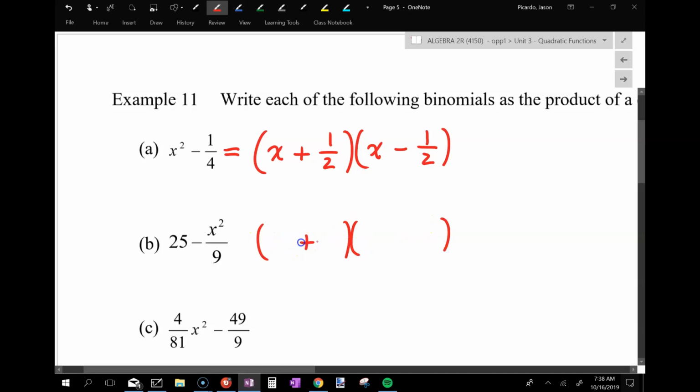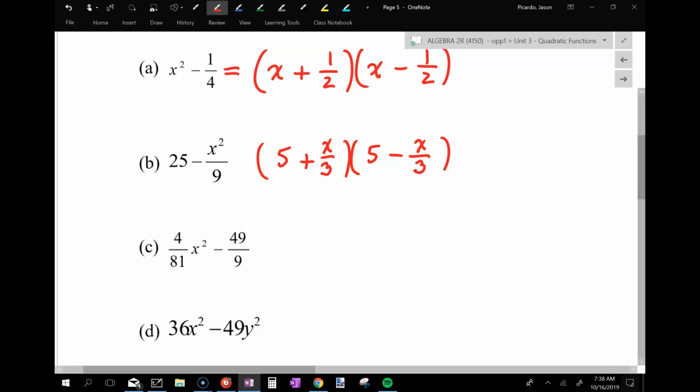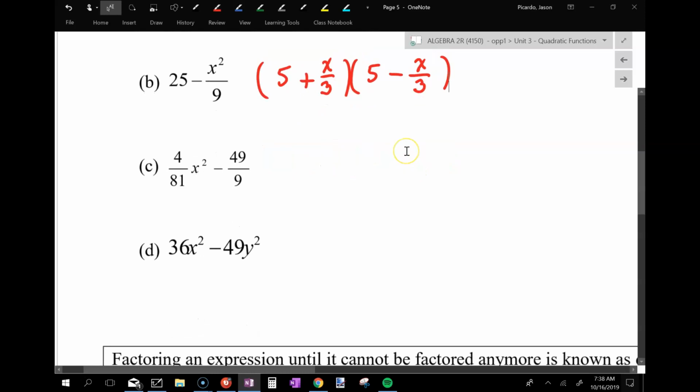Next one. Square root of 25? 5. Square root of x squared? And the square root of 9 is 3. Okay, with C. Square root of 4? 81.